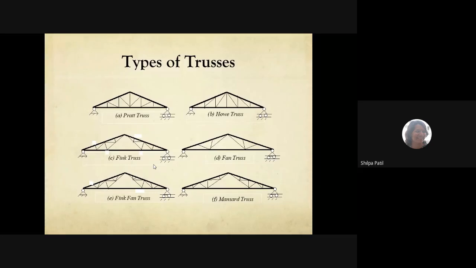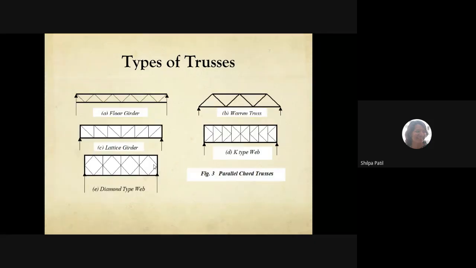If the number of unknowns is less than the number of equations, normally the structure becomes unstable. Okay, for equilibrium the number of equations must be equal to the number of unknowns. So these are the definitions for determinate and indeterminate structures.